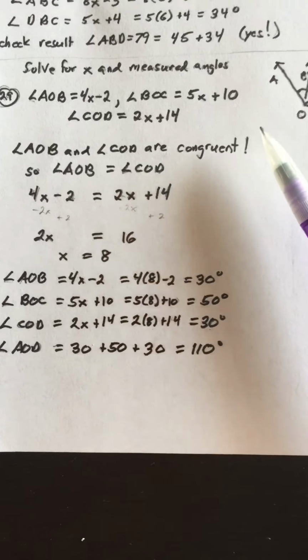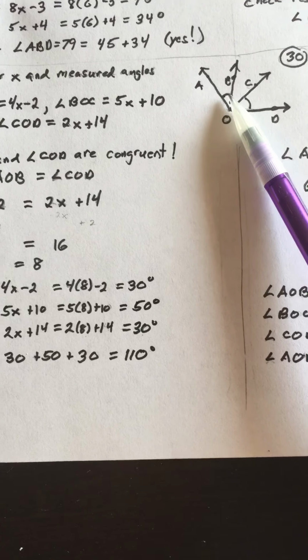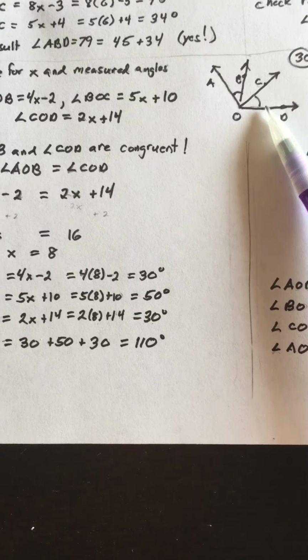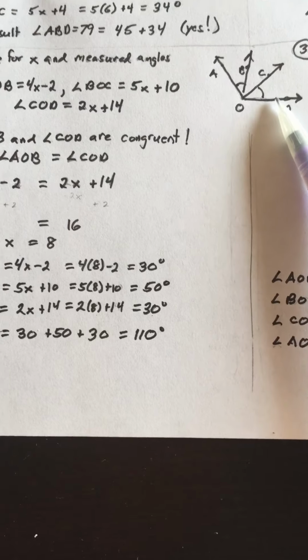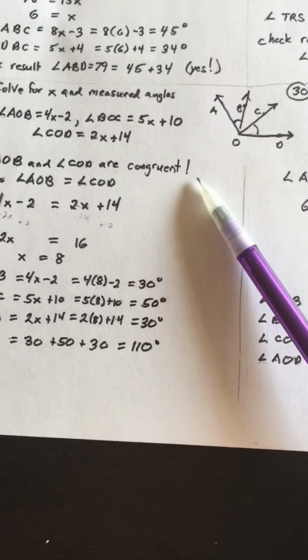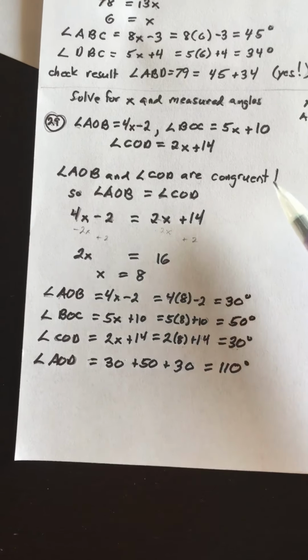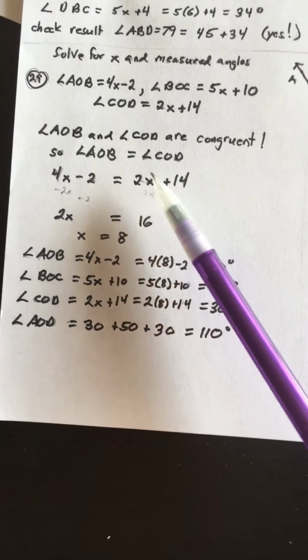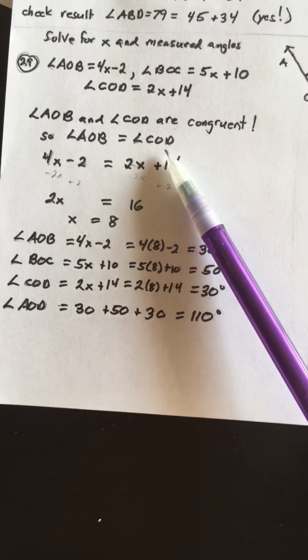But they also give you one more fact in the depiction. Those little symbols there mean that that angle, COD, and that angle, AOB, are congruent, which means they are equal. So the angles are equal, AOB equaling COD.